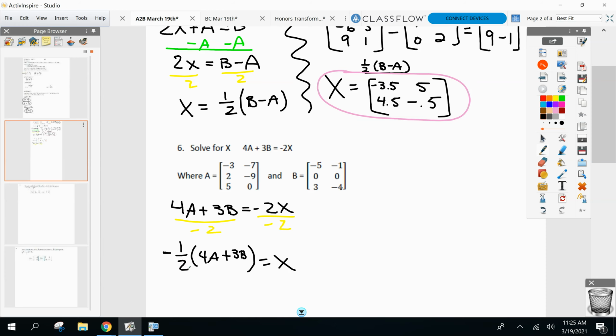All right, that's it. X is by itself. Let's see what the matrix looks like now. 4a plus 3b first.